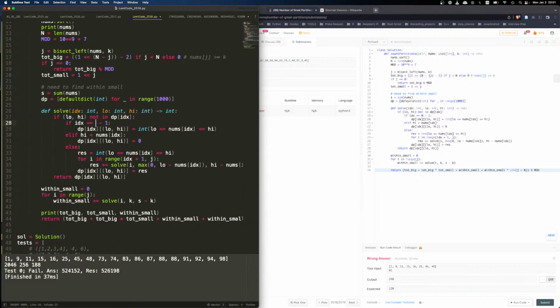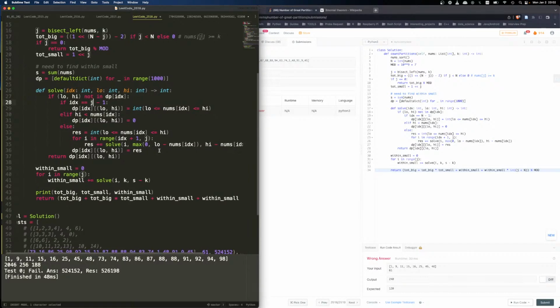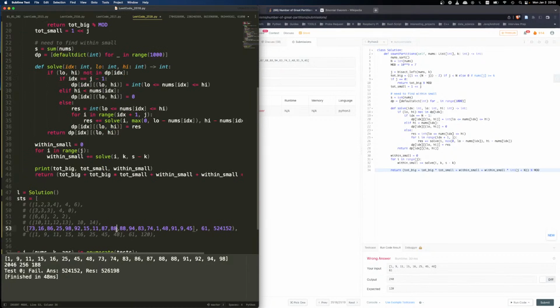Oh, here. Still. But that's definitely we need to change. Right, this should be J minus 1. What else? Hey, I don't understand.